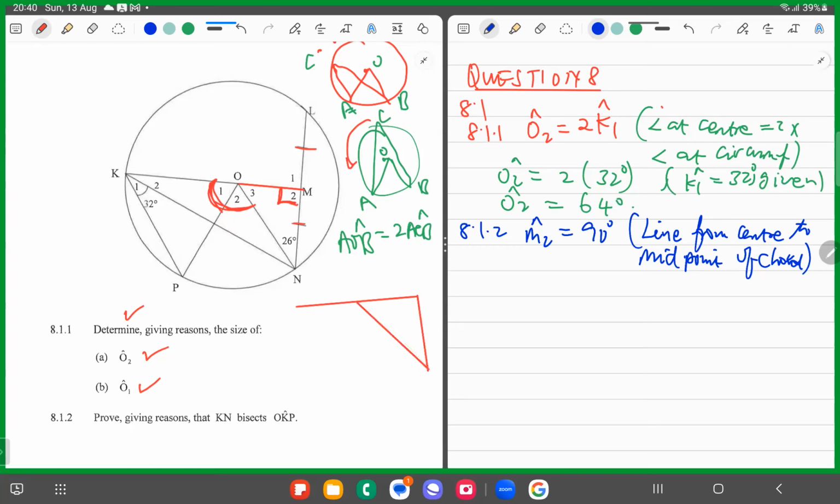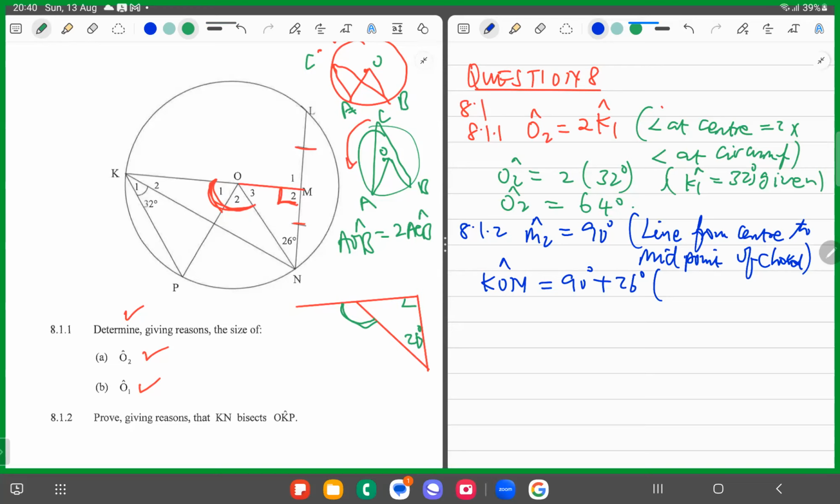An angle here is going to be, for example, this one here, and this is 26 degrees. So we note, therefore, that this is an exterior angle of the triangle. So which means angle KON is equal to 90 degrees plus 26 degrees.